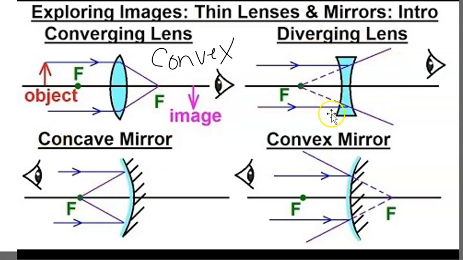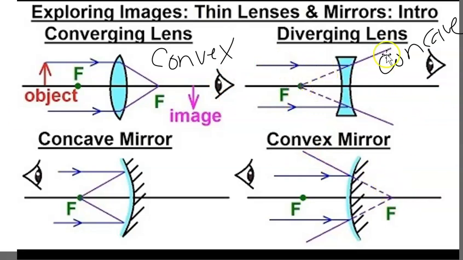With a diverging lens, everything that comes through is going to get spread out. With a convex mirror, everything that comes to the center of it will spread out as well. So a diverging lens, or concave lens, and a convex mirror act similarly.